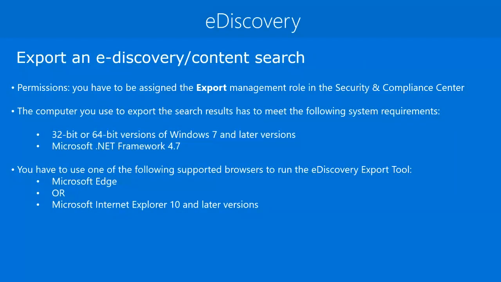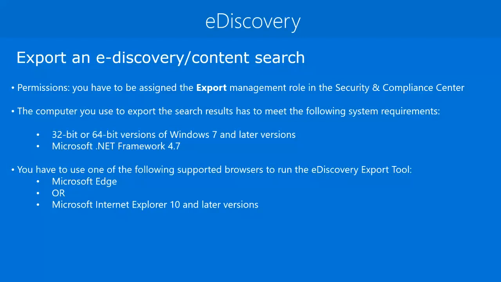Now we talk about exporting eDiscovery content to your local machine. Again, for this action also, you need a specific permission, the Export management role, in your Security and Compliance Center. The computer you use to export the search results has to meet the following system requirements.